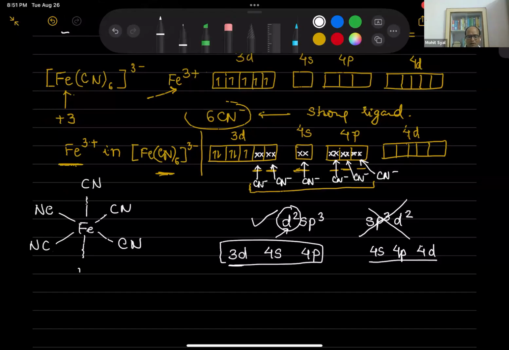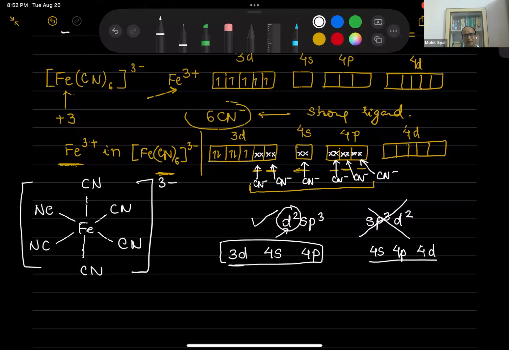What is the magnetic moment of this complex? How can you make out whether the pairing has occurred or not? By knowing the magnetic moment.